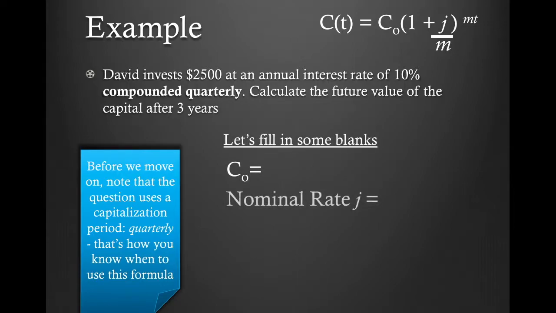So let's fill in some blanks: your C of 0, your nominal rate, your m, and your t. Your C of 0 is $2,500 because that's your initial capital. Your nominal rate, the one that's being compounded, is 10%, so we're going to change it to 0.1. Your m, well, it's quarterly, and quarterly means 4, and your time, meaning after how many years, is still going to be 3 years.